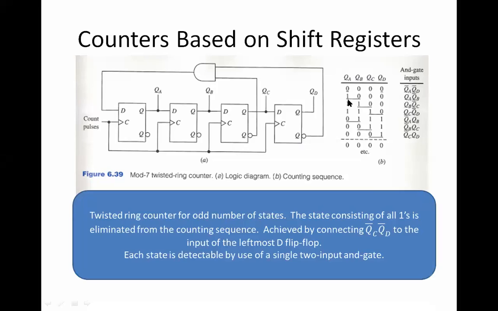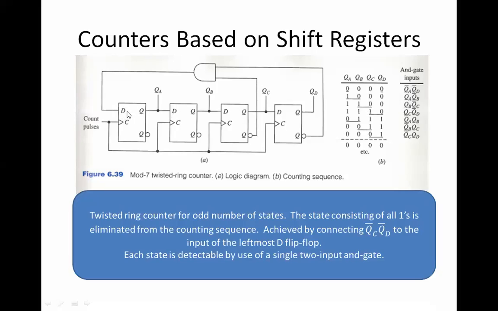If in case there is a 1 1, let's say this state, here also it is going to check the Q bar value, which means 0, and anything times 0 is 0, so 0 will come and sit here in our first flip-flop.